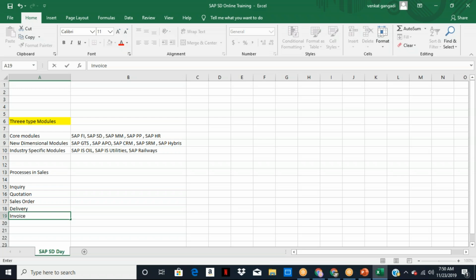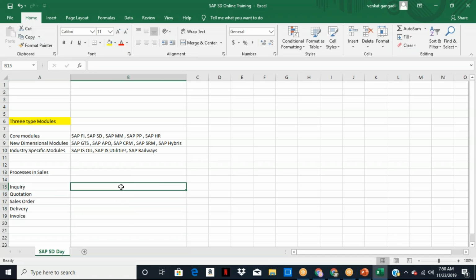In order to support all these processes, what are the other things which we need in the sales department? Other things like returns. Sometimes we need to return the goods. Then credit memo, debit memo.